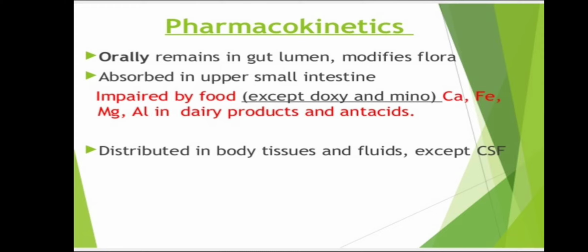These foods are going to impair the action of this antibiotic, and because of this, its action can be reduced. So we should not take these foods when we are taking this antibiotic. Then it is distributed in body tissues and fluid except CSF. In the case of chloramphenicol, it was distributed in CSF also.